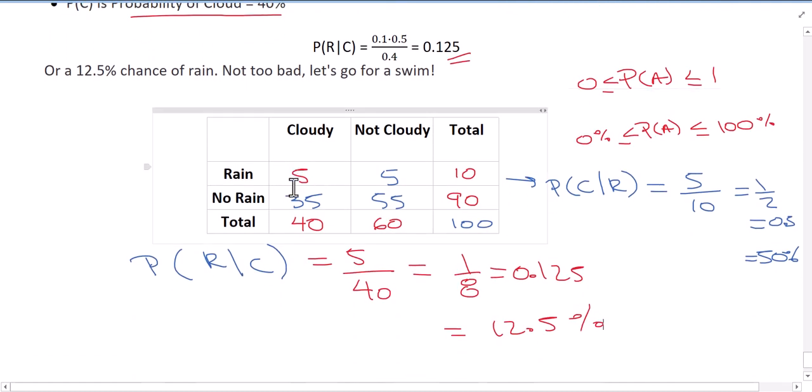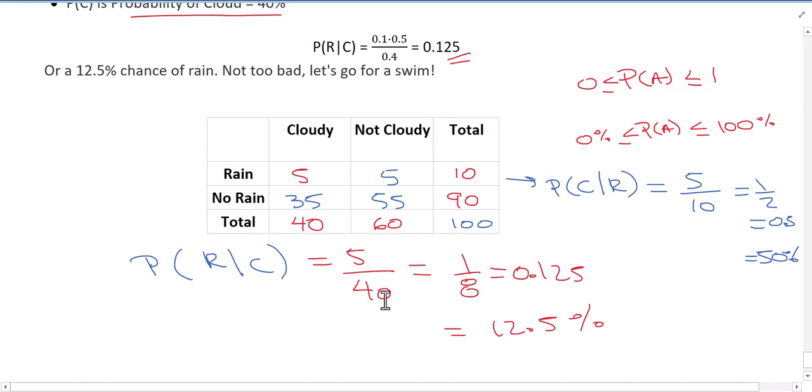The probability of cloud is 5 out of rain, which is 10. So it would be 5 out of 10, which does give me 50%. And what I'm looking for is the probability of rain. So still that same 5, but now out of clouds. So out of being cloudy, which is 40%. So 5 out of 40 still gives me the 12.5%.